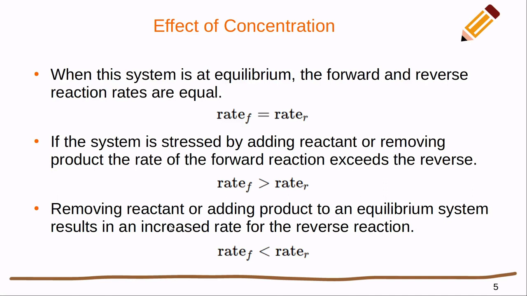If I remove reactants or add products to an equilibrium system, the result is an increased rate for the reverse reaction. Now our reverse reaction is greater than our forward reaction, and the reaction proceeds from the products towards the reactants, from the right to the left.